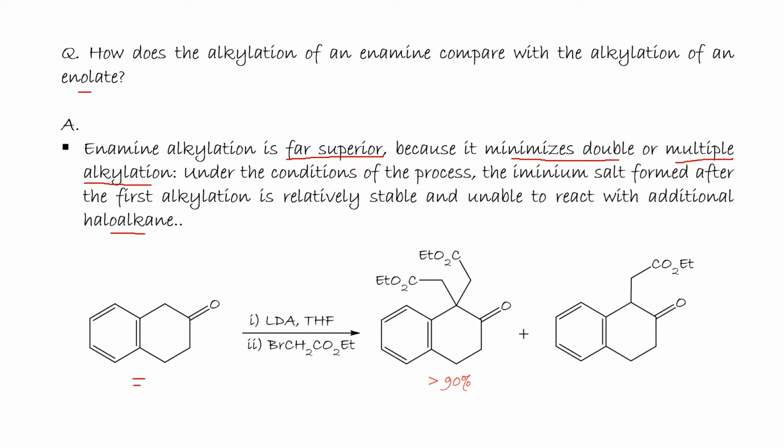If you have an example like this one, a carbonyl compound with two alpha hydrogens, in the presence of LDA, THF, followed by alkylation with this species, we get the dialkylation in 90% yield. We were not able to stop the reaction at the monoalkylation step. If this is our target molecule, this condition will not be favored.